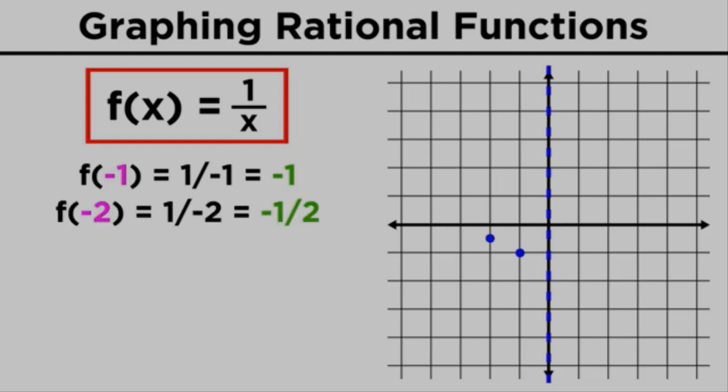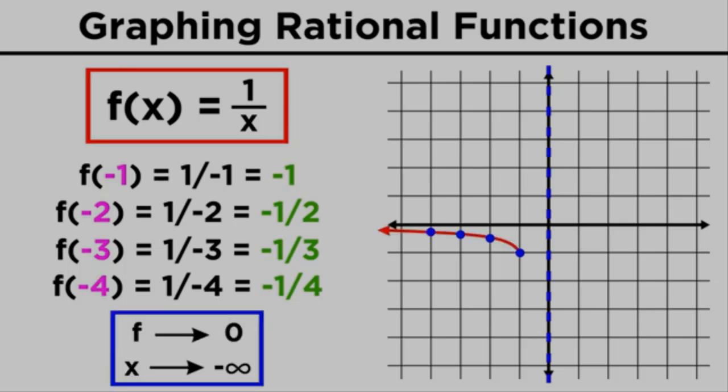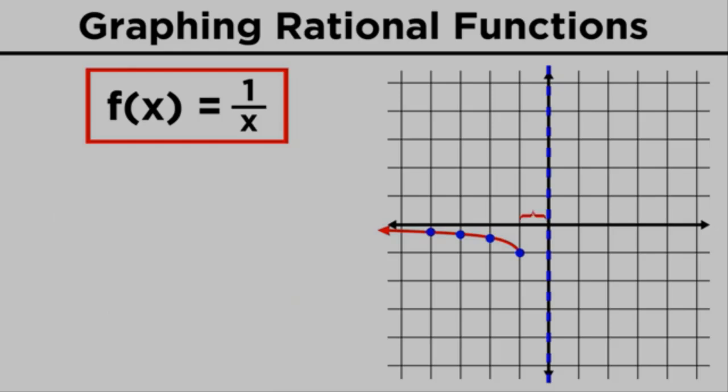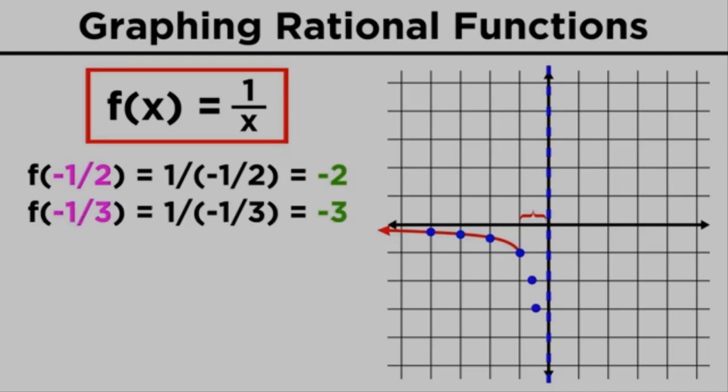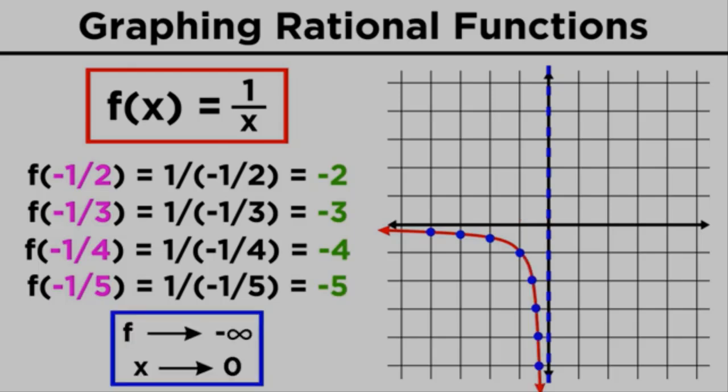As we go left, we get closer and closer to 0 from the negative direction, with the limit of reaching 0 as x approaches -infinity. So the function approaches 0, but never quite gets there when we go left. In this tiny interval from -1 to 0, plugging in fractions of -1 will give us very big negative numbers that decrease rapidly, heading towards -infinity as x approaches 0. So that will look like this.